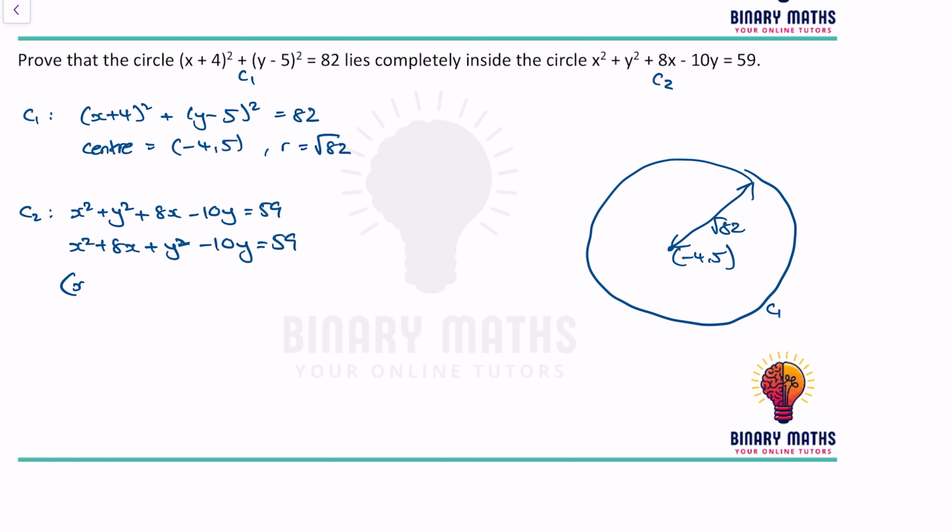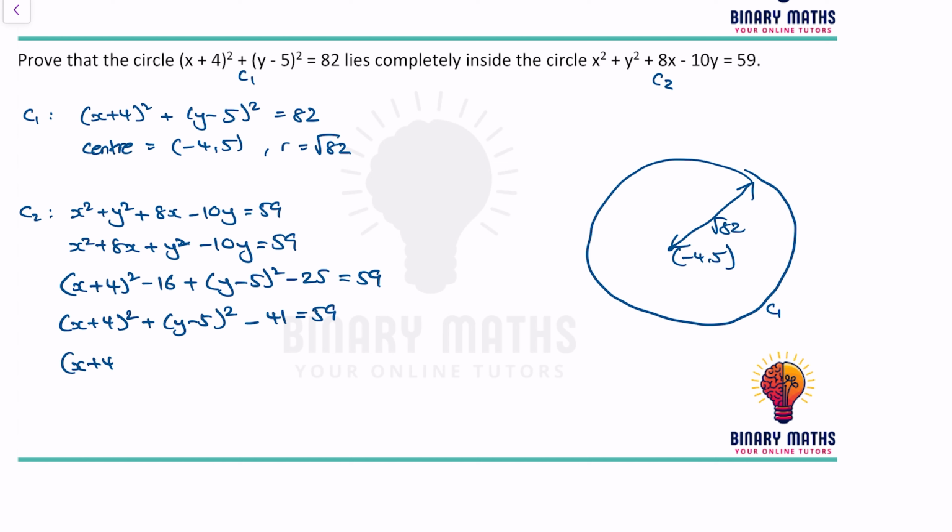Then if I complete the square, I get (x + 4)² take away 16, plus (y − 5)² take away 25, is equal to 59, which means I get (x + 4)² + (y − 5)² take away 41 is equal to 59.